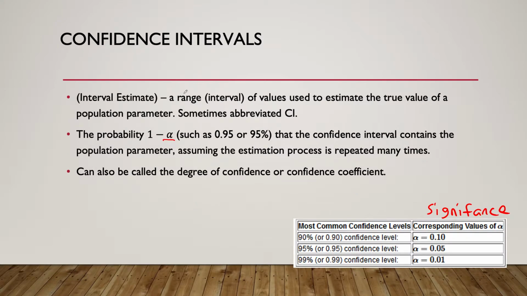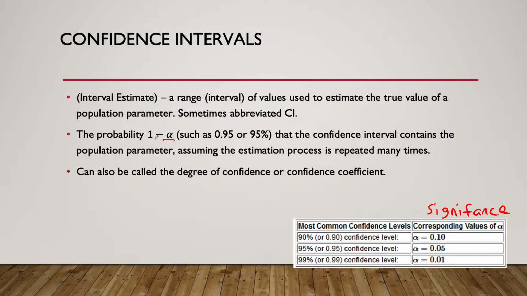Confidence intervals, which we can also refer to as interval estimates, are the range or interval of values used to estimate a true value of a population parameter, and it could be abbreviated as CI for confidence interval.